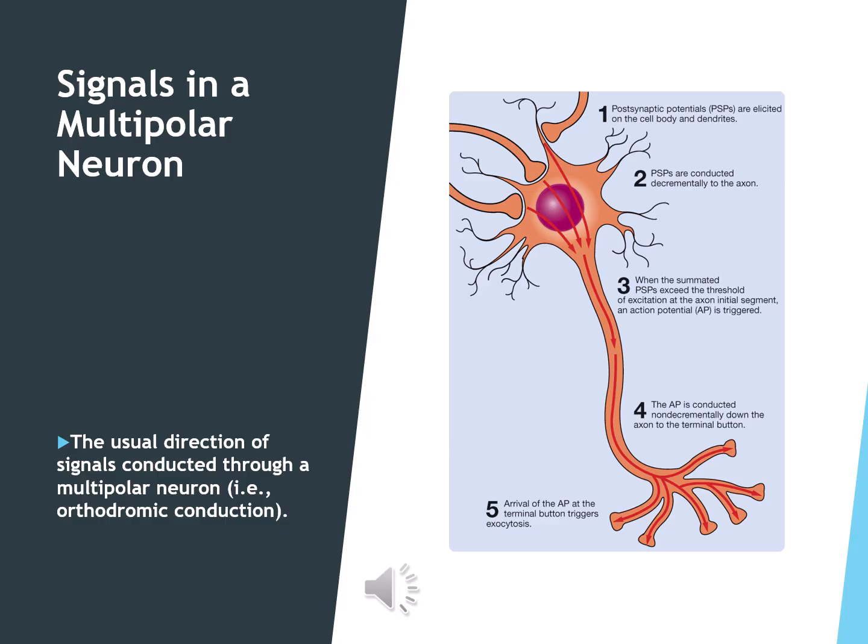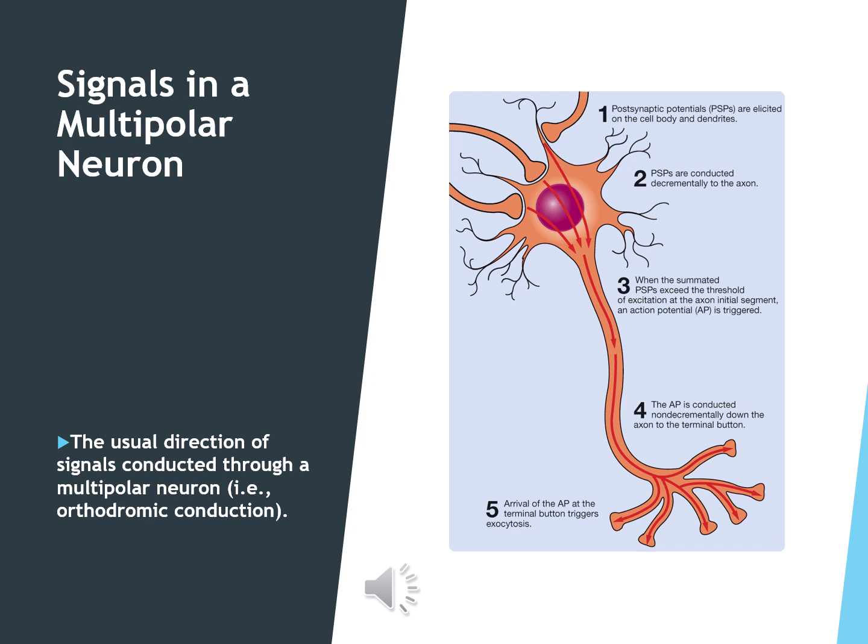The image here illustrates the direction of signals that travel through a neuron using arrows. The signals start at the dendrites, move down toward the axon, and travel through the axon as a single unit. At the base of the axon, it branches out into each of the terminal buttons. So we have the postsynaptic potentials, the PSPs, which are elicited on the cell body and the dendrites.